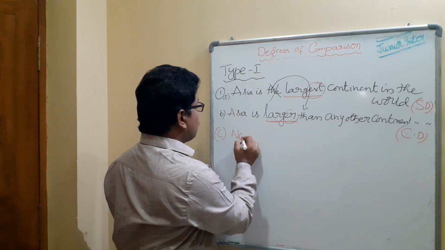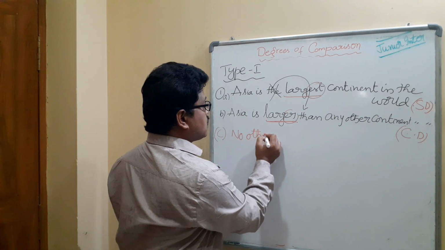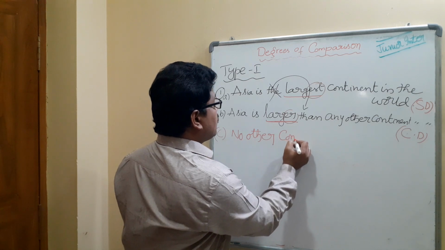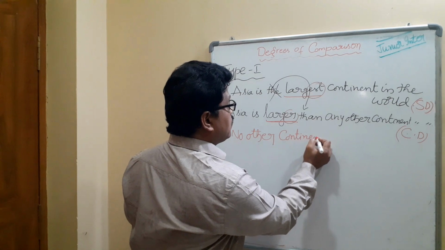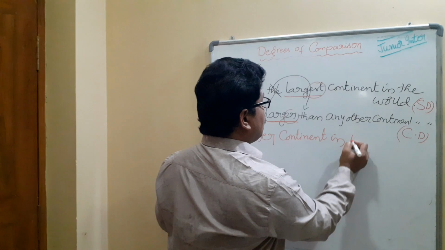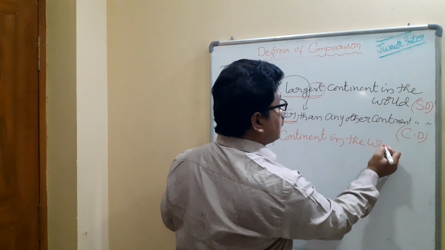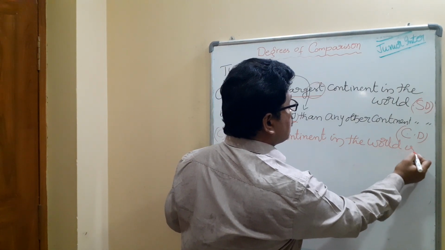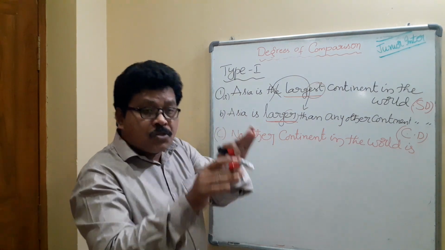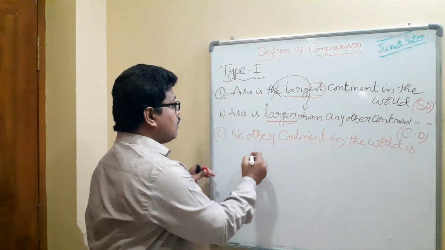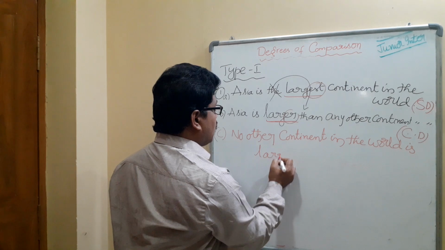Begin with no other. So this structure is very important. No other continent in the world is, so larger. The positive one, the plain one, the first one is large. Large.